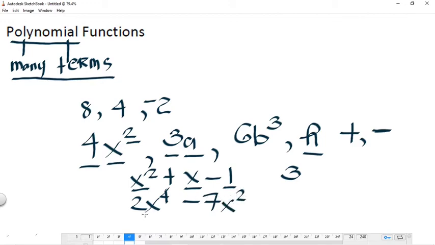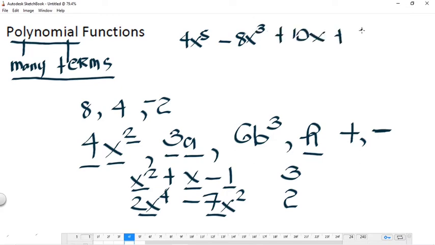There are 1, 2 terms. And last example, I will just write it here. 4x raised to 5 minus 8x raised to 3 plus 10x plus 6. There are already 1, 2, 3, 4 terms.